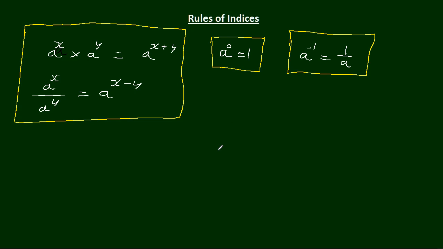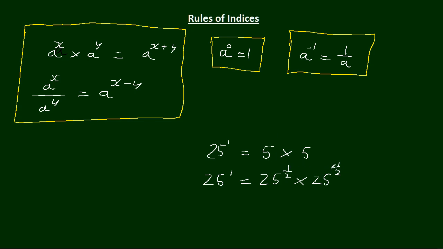Right, now I want to look at fractional powers. So what I'm going to do is put down 25. And that is 25 to the 1. Well, that equals 5 times 5. But using our rules of indices, I could actually split that 25 up into 25 to the half times 25 to the half.